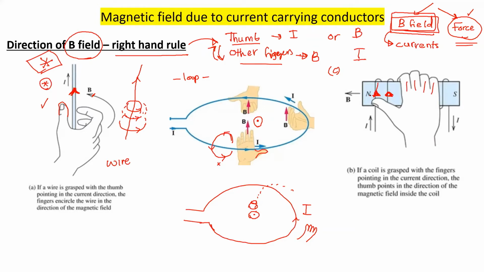So current is flowing this way, right? Like this. So bend your fingers like that, and then your thumb will give the direction of the B field. So you can see that the B field inside the solenoid is this way. In this one, the thumb is pointing this way, see?